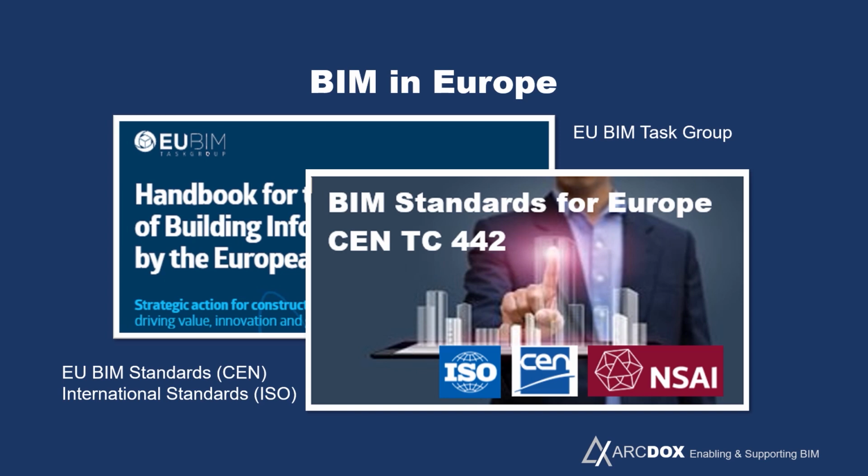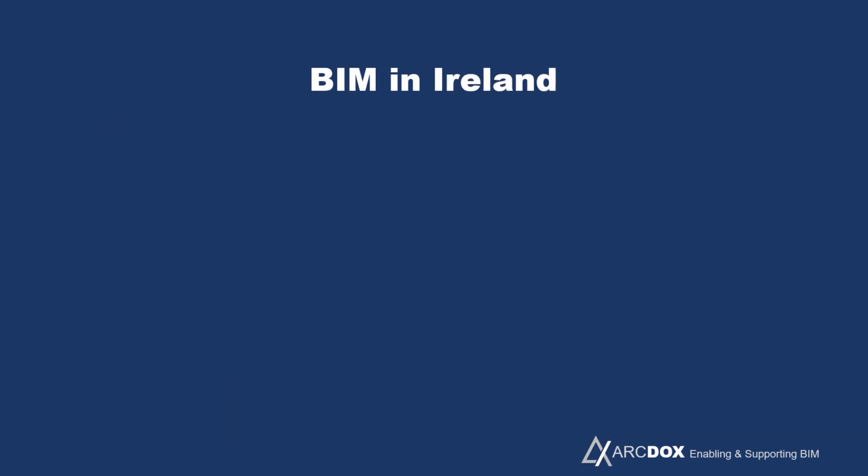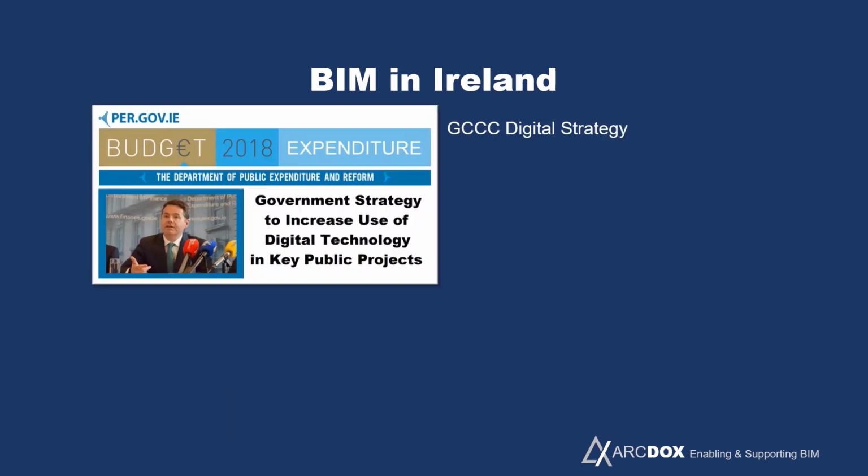And then in Ireland, the Government Construction Contracts Committee under the Department of Public Expenditure and Reform announced in late 2017 that they were going to implement a BIM mandate on all public projects starting in 2019 and phasing in over a 3-year period, so 2019 to 2021, starting with complex projects and then medium projects and simple projects.